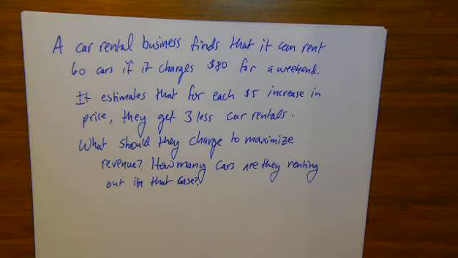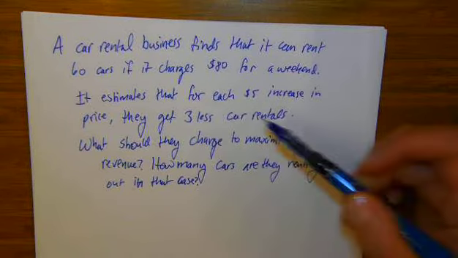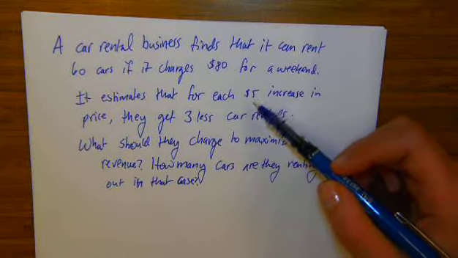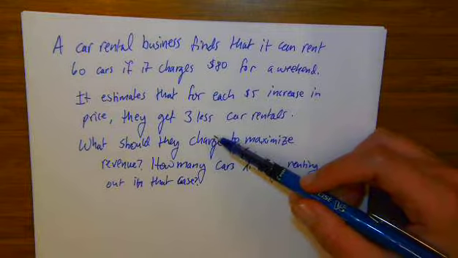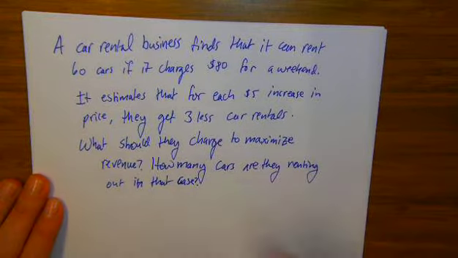What seems to be the moving part? What's the thing that's changing? Okay, the price is changing. Every time we go up $5, what's the relationship we have? It's going down 3 cars, right? So right now, our revenue looks like this.